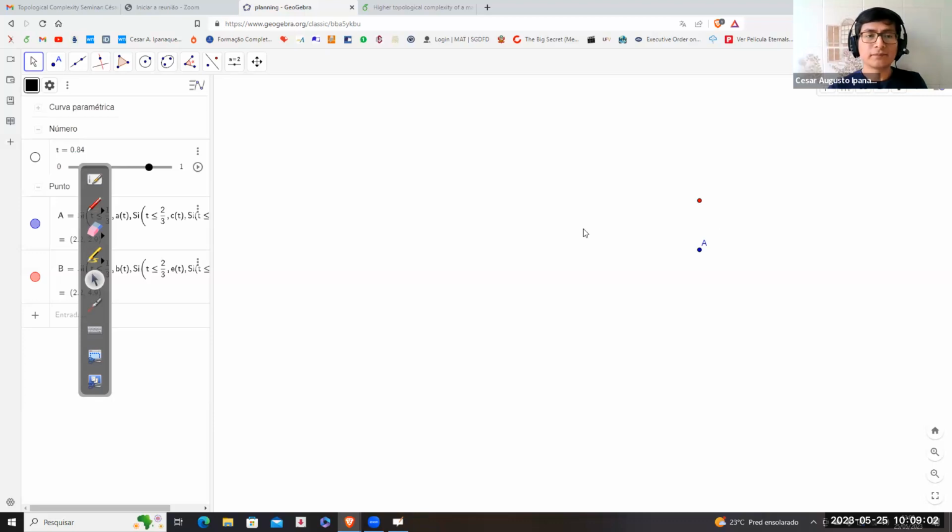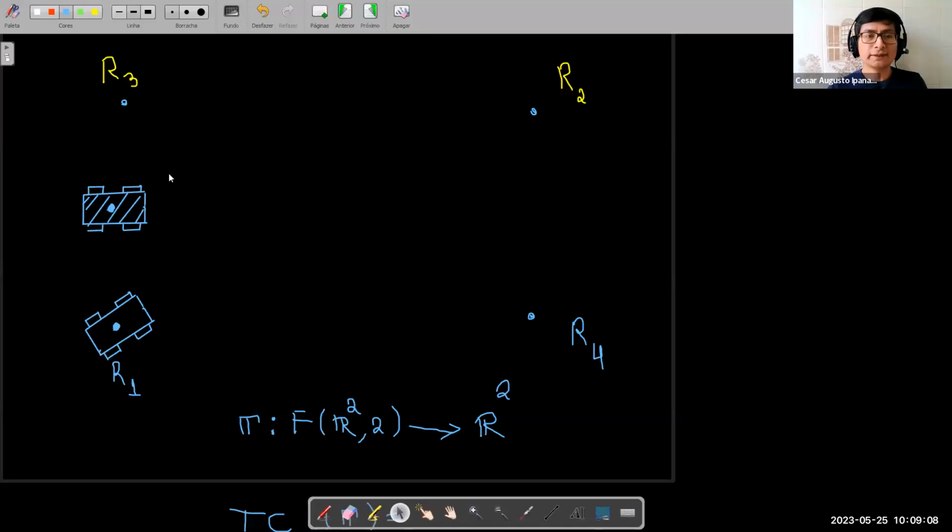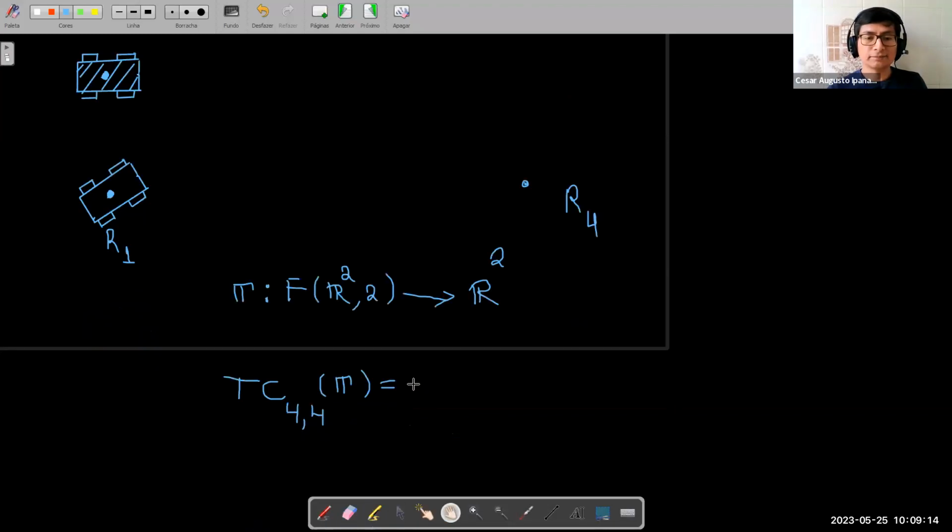For that reason, the complexity in this case is 1, as I showed in GeoGebra.